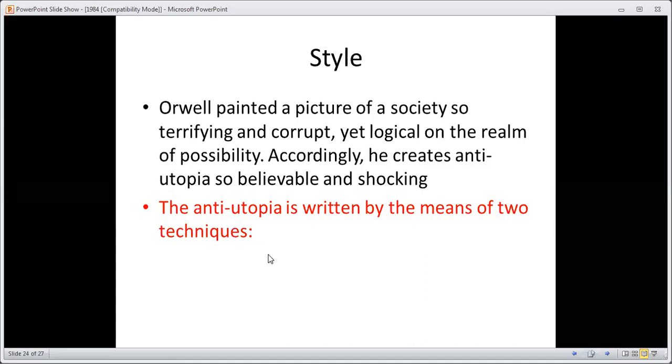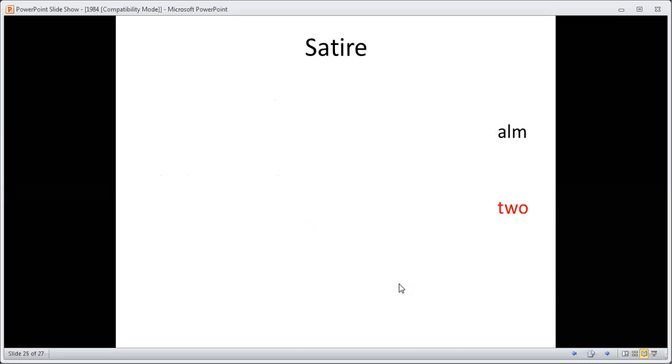The first technique is satire. The second technique is the simple presentation. What do we mean by this? We will talk about satire first, and after we finish, we will talk about the simple presentation by giving you examples.